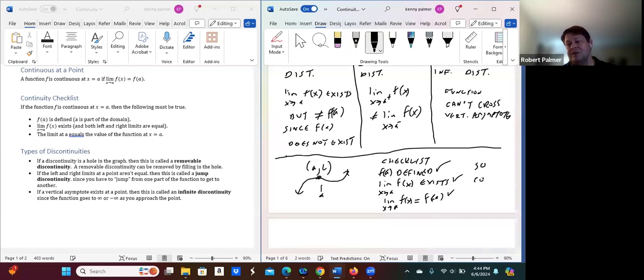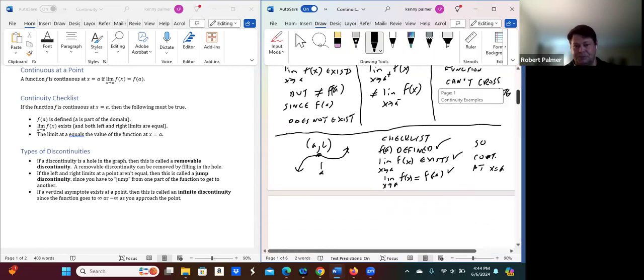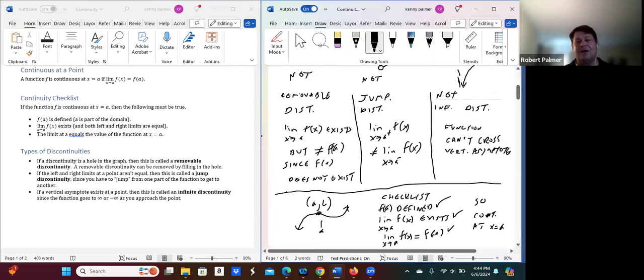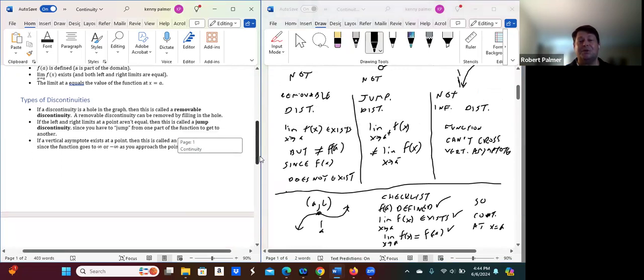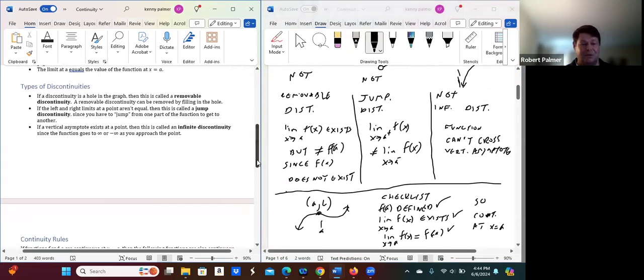So it's continuous. This function is continuous at x equals a. Okay. So that's the basic idea of continuity, also how we show something is continuous, and how it can be not continuous.